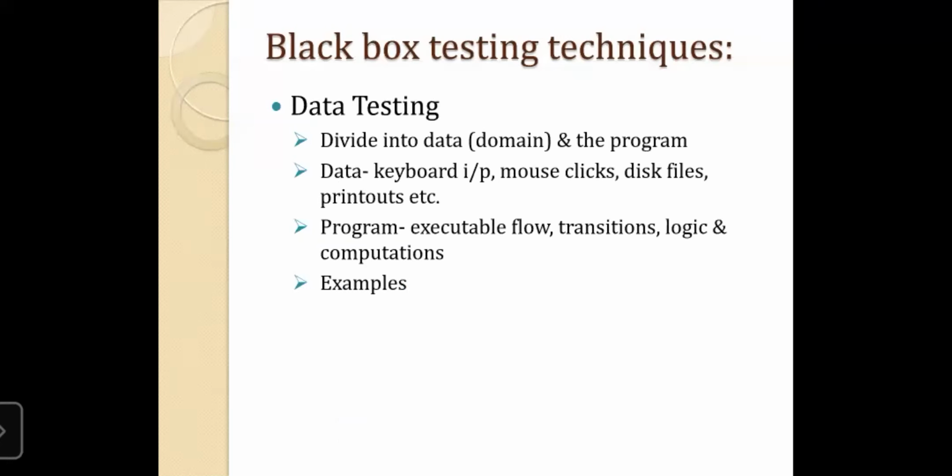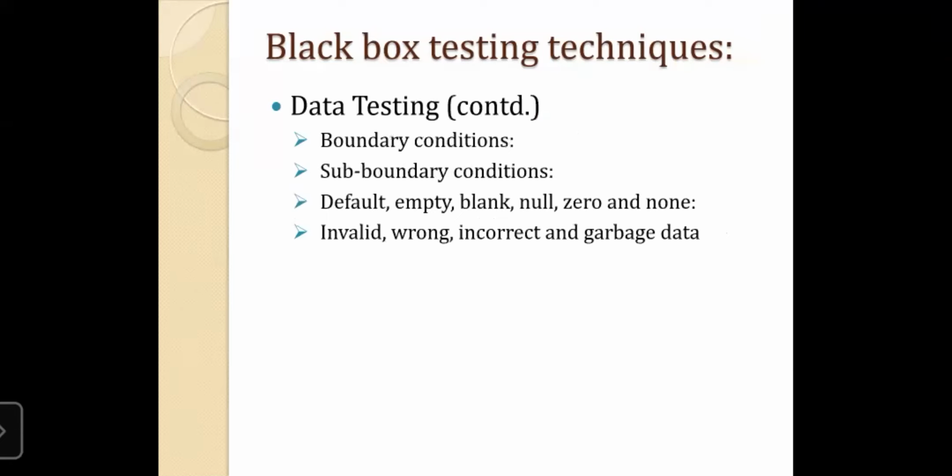How to check that particular data? Then again, printouts. Suppose you are using that printout data in a scanned form. How are you going to check that data? Examples related to that we have seen in the last lecture.